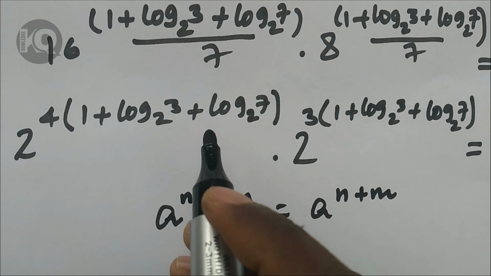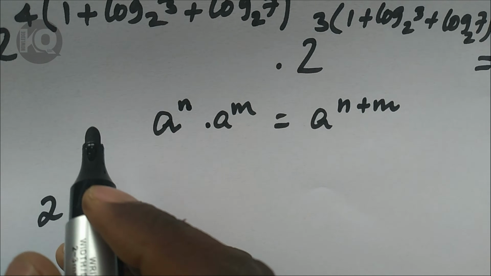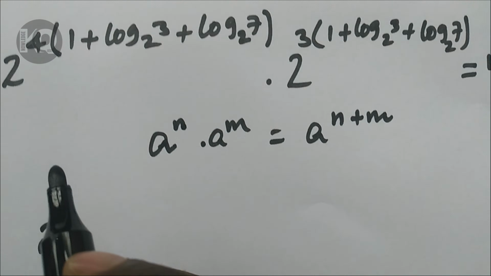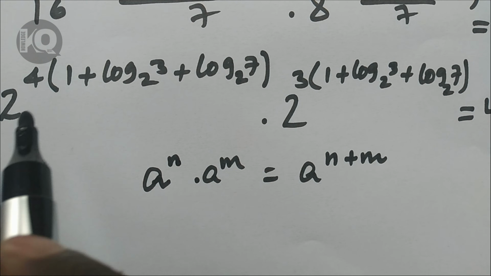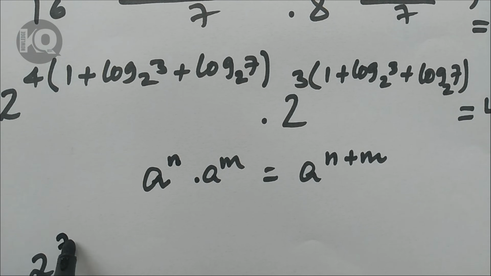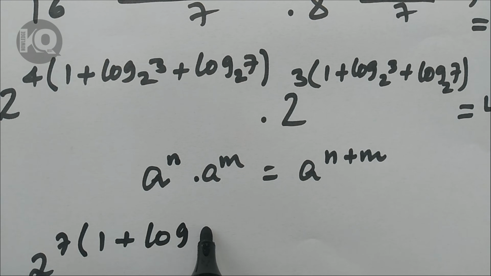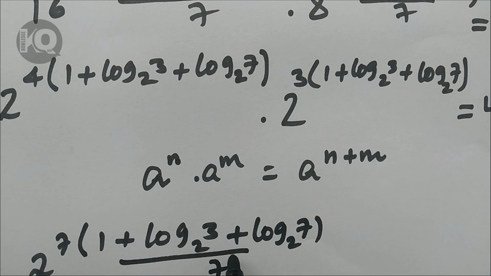So this will be 2 to the power of 4 plus 3, that's 7, into (1 plus log of 3 to the base 2 plus log of 7 to the base 2) divided by 7, which is equal to 42.